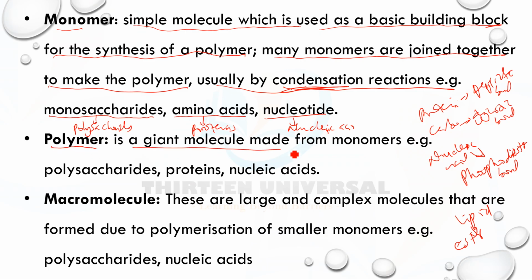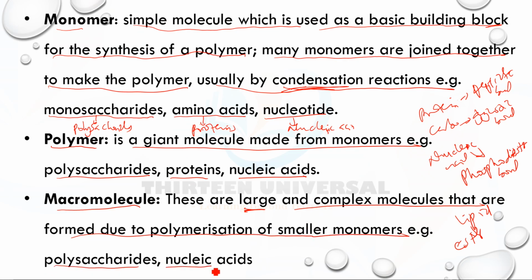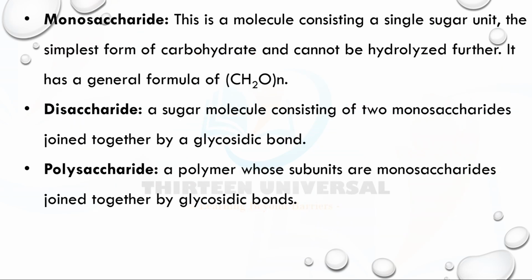A polymer is a giant molecule made from monomers. For example, polysaccharide, protein, and nucleic acid are polymers. Macromolecules are just large and complex, formed due to polymerization of small molecules. Any giant molecule is called a macromolecule, guys. All right, let's go to the next.